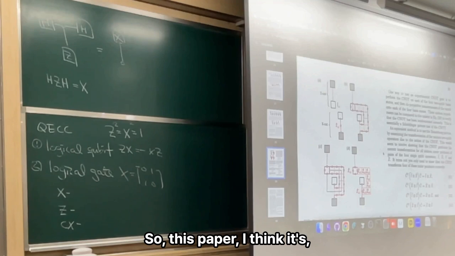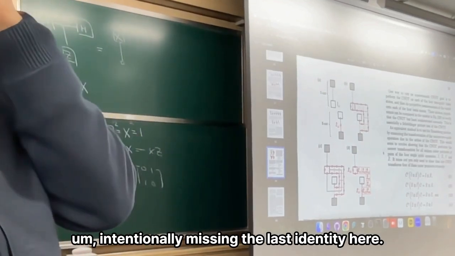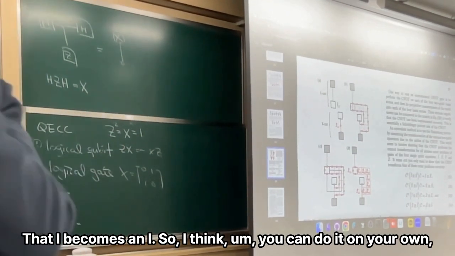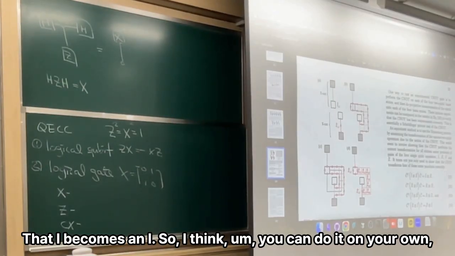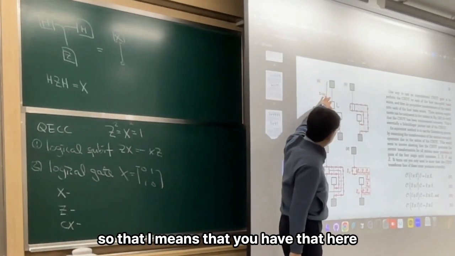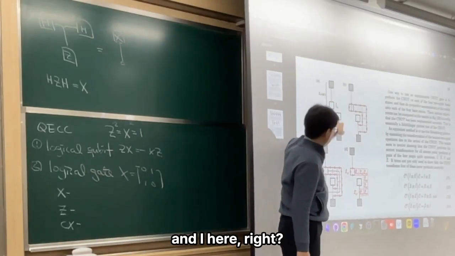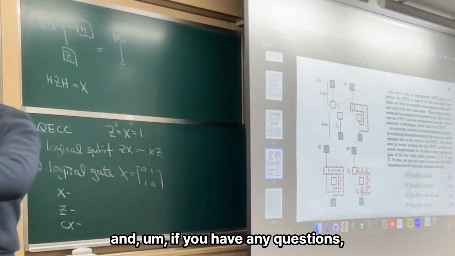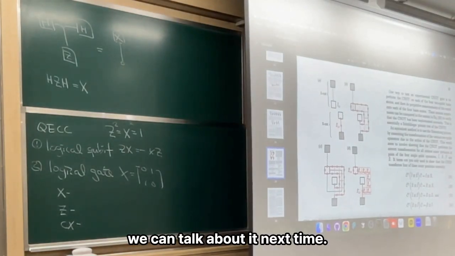This paper, I think, intentionally omits the last identity, ZI becomes ZI. I think you can do it on your own. Why is it true? ZI means that you have Z here and I here, right? So think about the braiding again. And if you have any questions, we can talk about it next time.